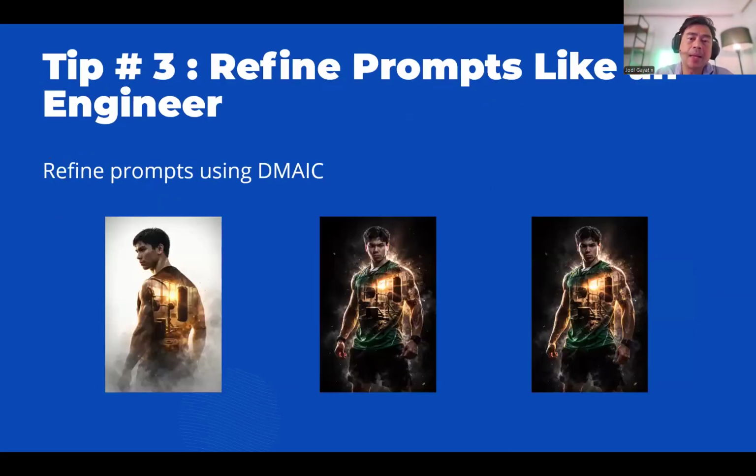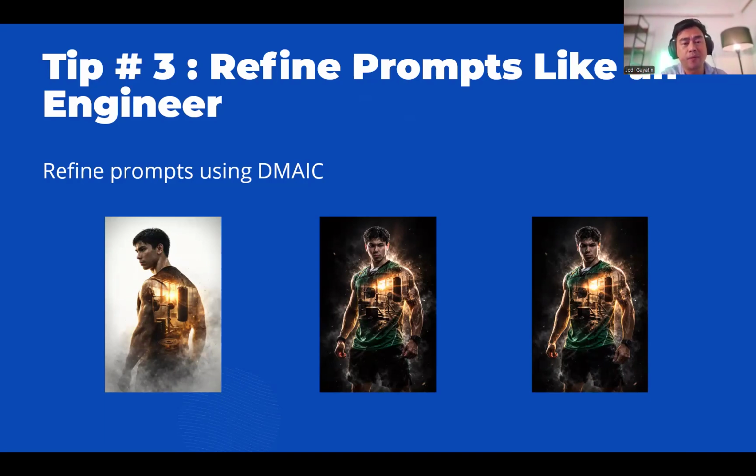And the last tip is to refine prompts like an engineer. So most often than not, the first image that you generate will probably be still not aligned with what you envision, and you can do some tweaks to that one. So I'll give an example. In this case, I wanted to create a double exposure image of this character here in the gym.